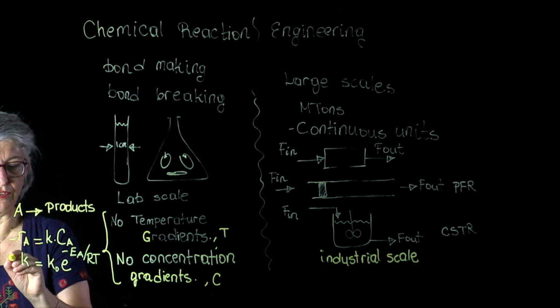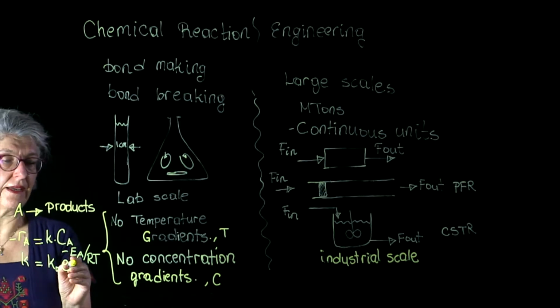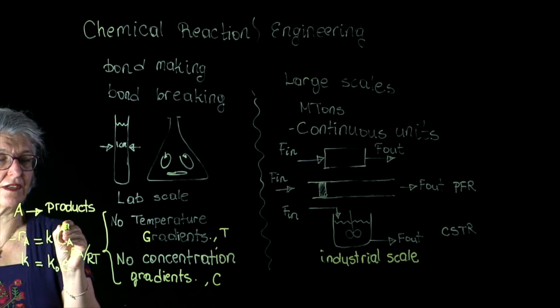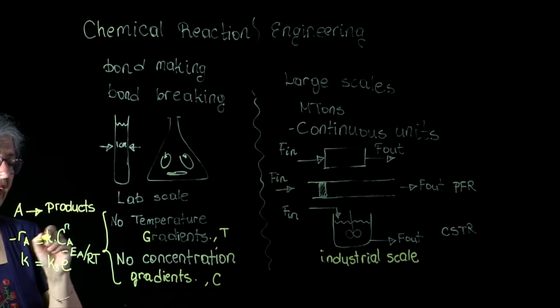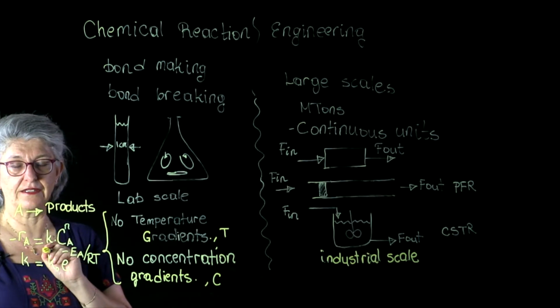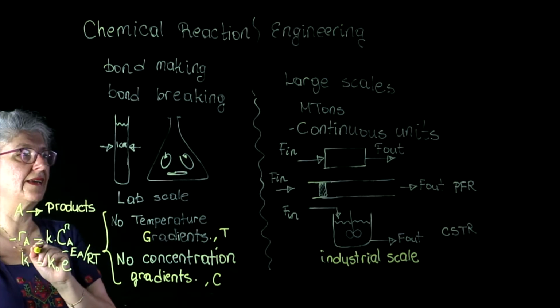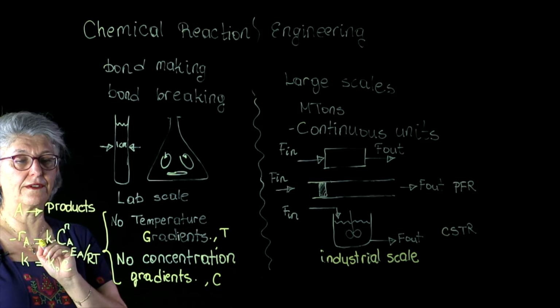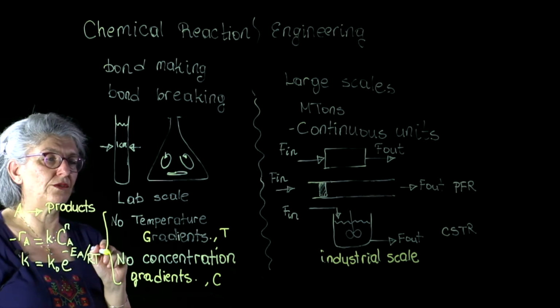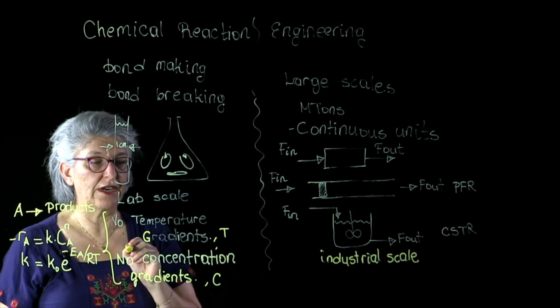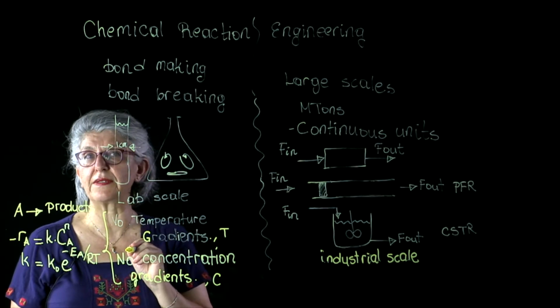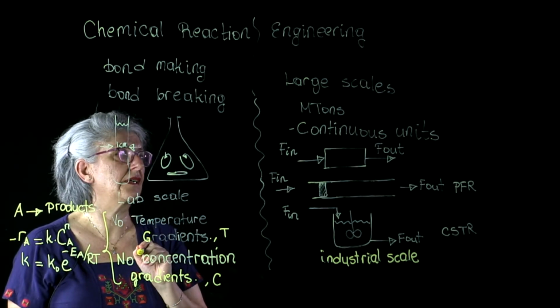So this constitutive relationship is an empirical relationship. n is the order of the reaction, k is the rate constant, and minus R_A is a constitutive relationship. And we assume that there are no temperature and no concentration gradients under these conditions.